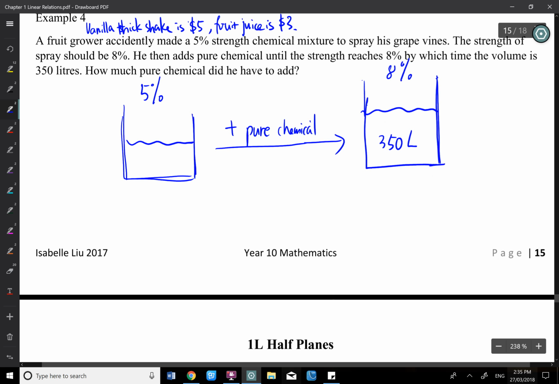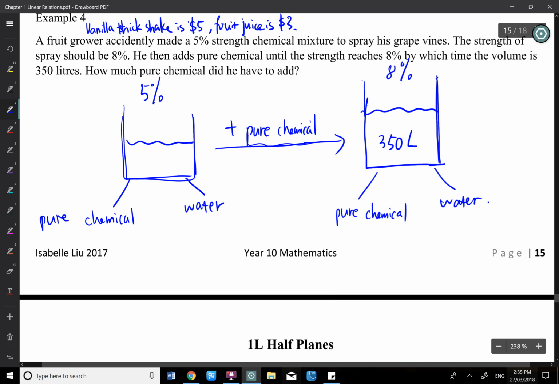Okay, what do we have in this bottle? We have two things. What are they? Chemical and water. And in the pure chemical, we only have chemical, right? What else do we have here? Pure chemical and water.